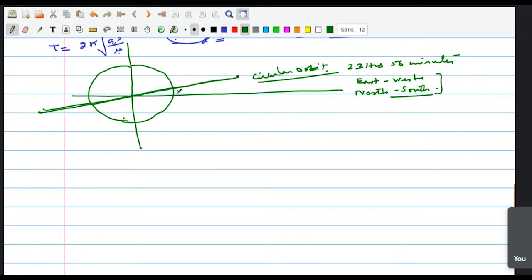And once you see your satellite from the ground here in this place, the satellite will appear to make a figure of 8.